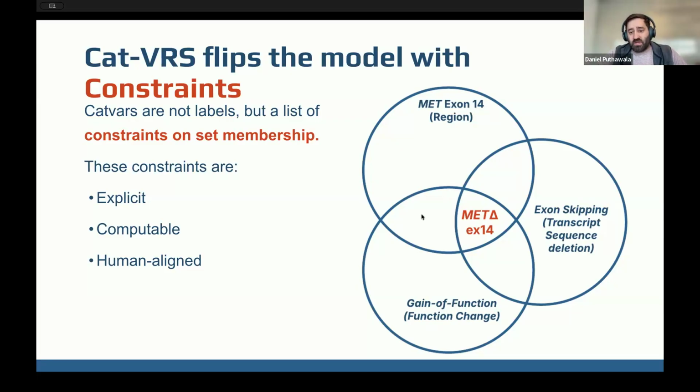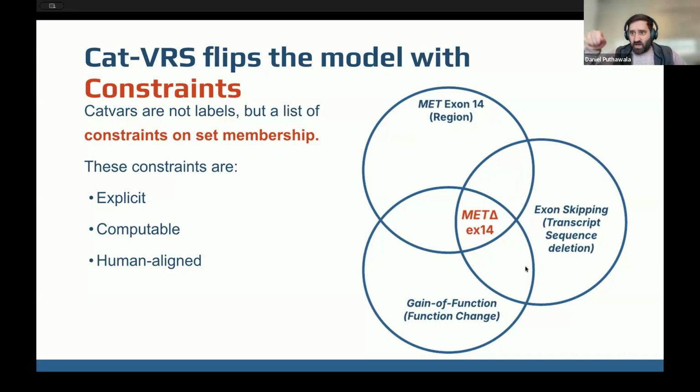So if someone's talking about a MET delta X14 variant, as we saw earlier, what they're really talking about is a variant that's in the MET gene and relates to exon 14. It causes a gain of function as a net effect, and it relates to a particular transcript sequence deletion where you've lost exon 14.